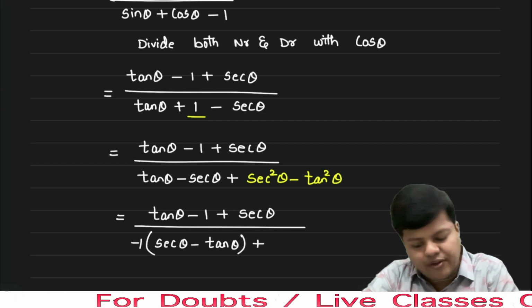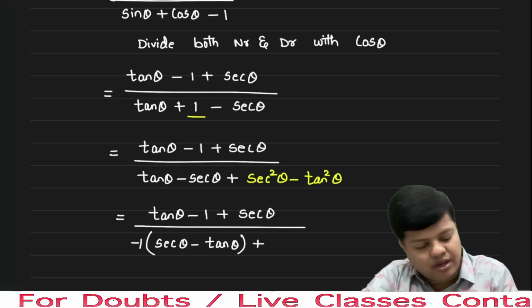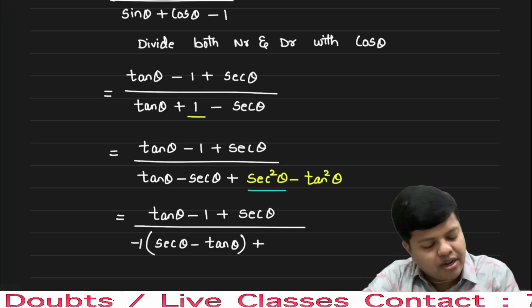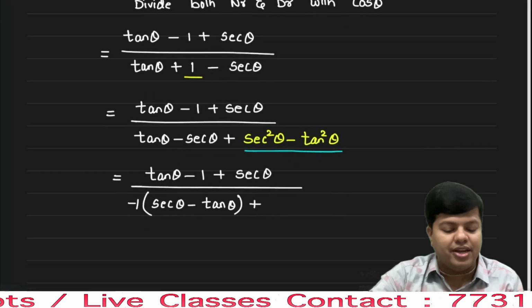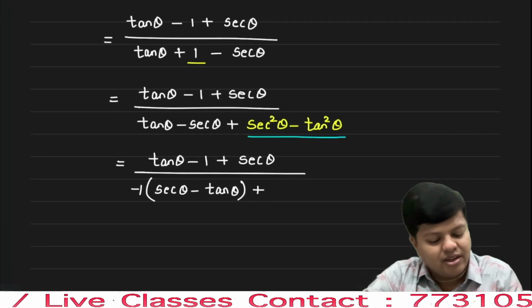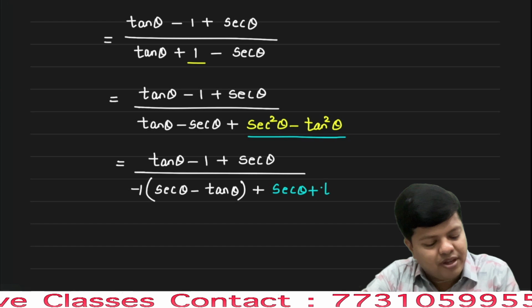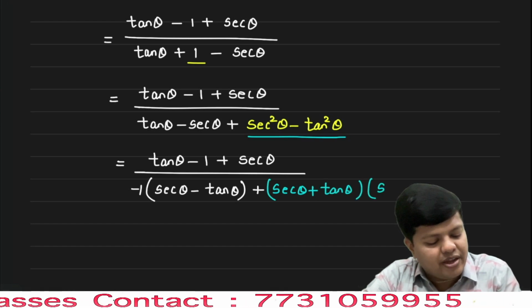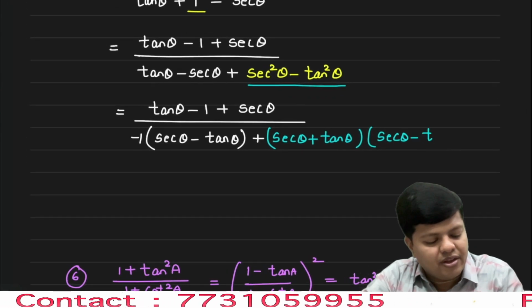Student, now you see, very important, a square minus b square formula. This again formula, student, this which I am underlining, a square minus b square formula, a plus b into a minus b. So a plus b into a minus b.